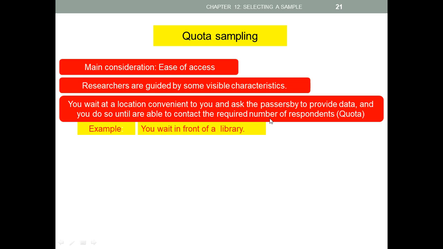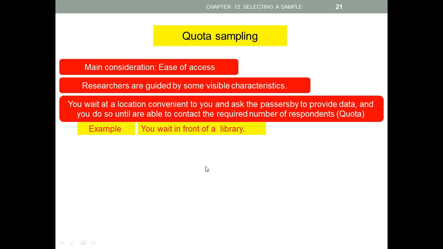You reach the quota. Let's say you set a quota of 300 smokers. So you keep identifying, observing people who smoke. You approach them. So once you have collected the data from 300 of them, you stop. So that's the concept. And that's the key concept of quota sampling.